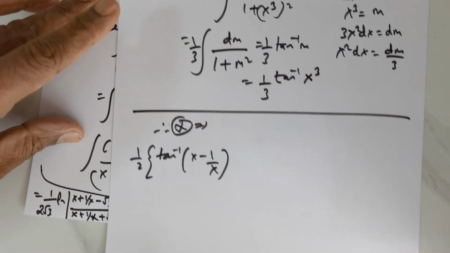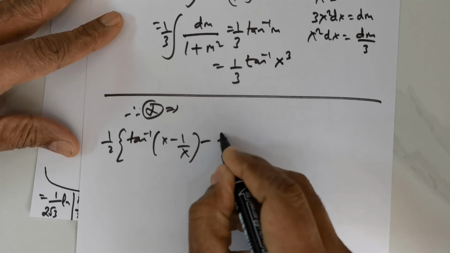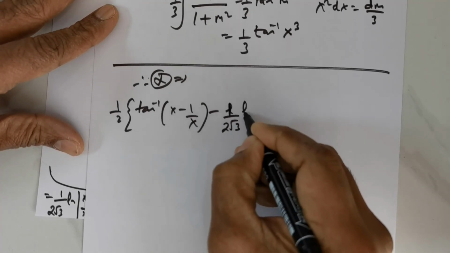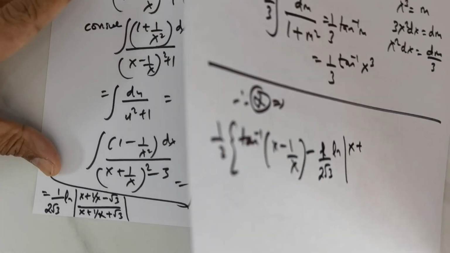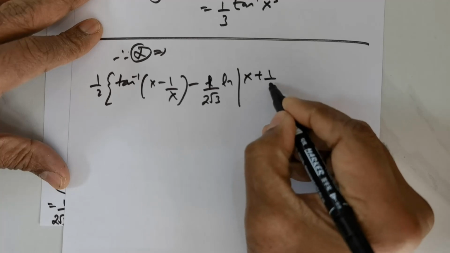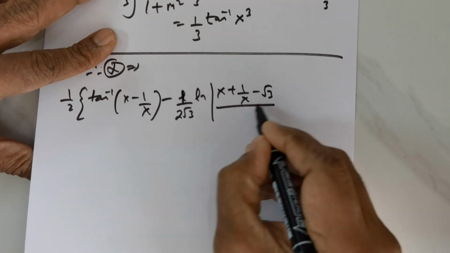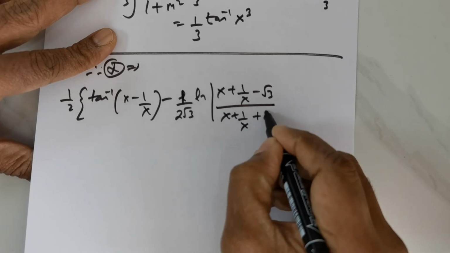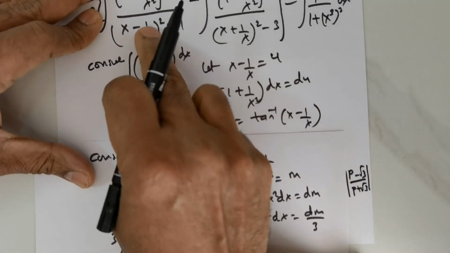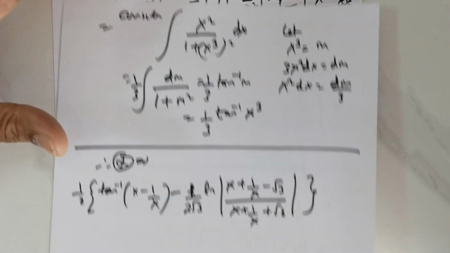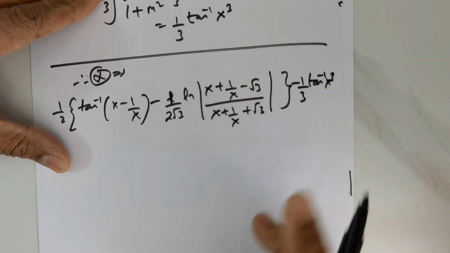Substitute that with a negative sign in between: − 1 over 2 times root of 3 ln modulus of (x + 1/x − root 3) divided by (x + 1/x + root of 3). That's for the first two terms. And the last term, − 1 over 3 tan inverse of x cubed.